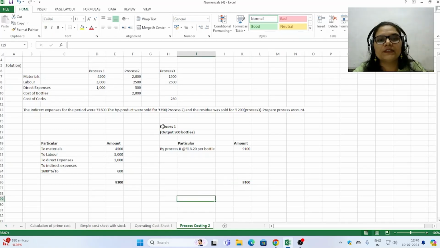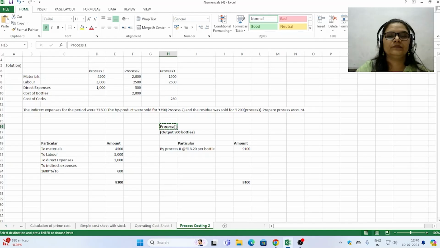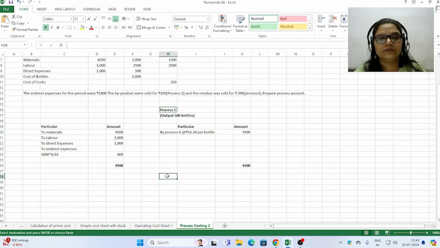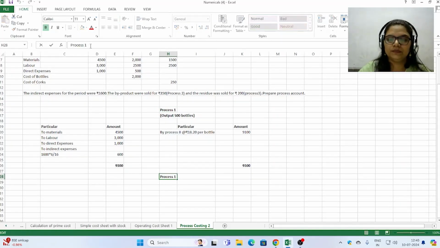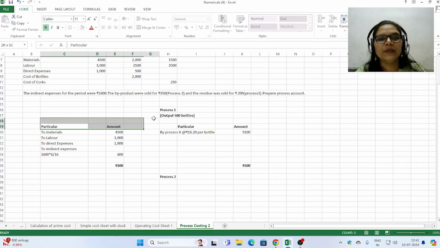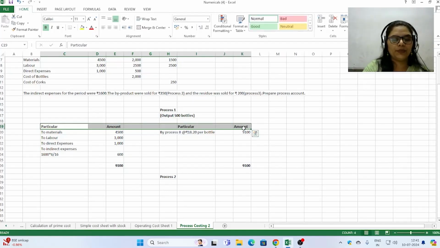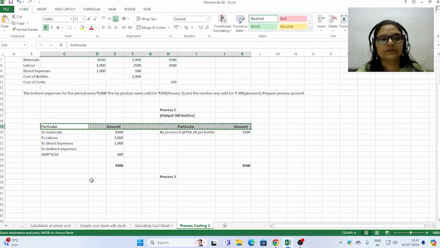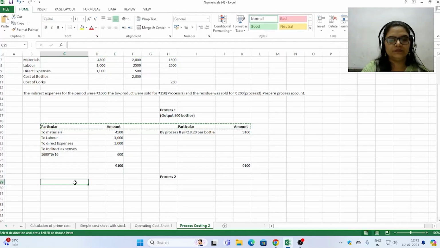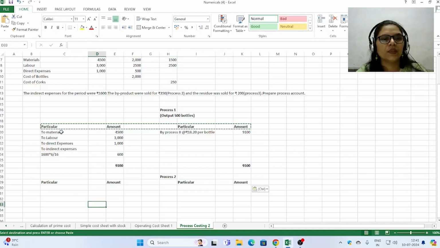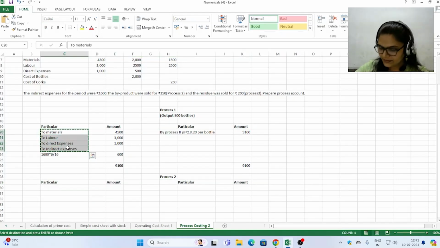Next is process 2. For process 2, again we will make up this particular format. And we have to record all the expenses as it is.